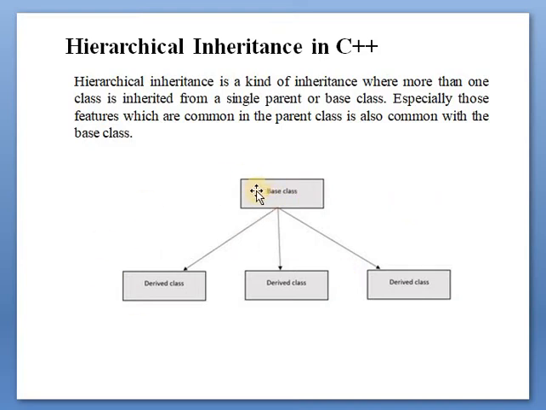Suppose we define the base class as a Shape class, and in that Shape class we can write data members such as length, breadth, radius, width. By using this Shape class, we can derive classes like circle, rectangle, square, triangle, etc. So by using these derived classes, we can access the members and member functions of the base class.